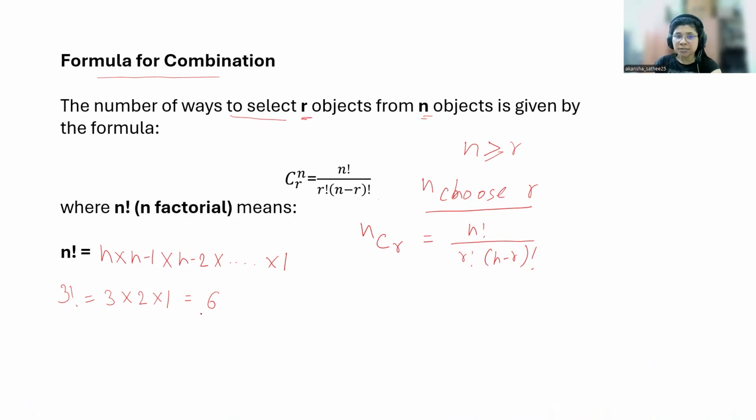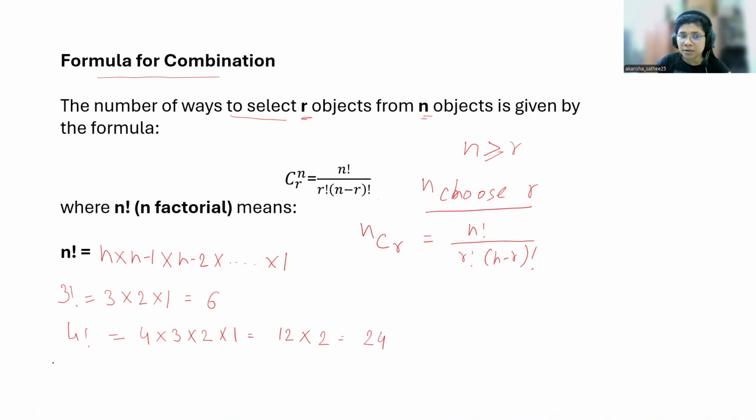Similarly, let's say somebody asks you to calculate factorial 4. Factorial 4 is 4 into 3 into 2 into 1. That is 4 into 3 is 12, into 2 into 1 is 2, and that will give you 24.